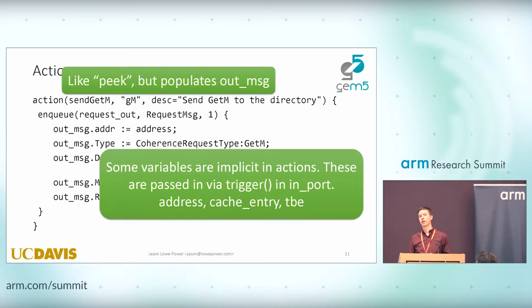It's a little bit more complicated than that, and I talk about it more in the book. And then enqueue is another one of these weird function-like things that you're actually passing a whole code block to. It's kind of like peek, but instead of populating in_msg, you have this out_msg variable, which is just automatically there. And that out_msg is whatever is going to be passed into the network at the end of the enqueue.